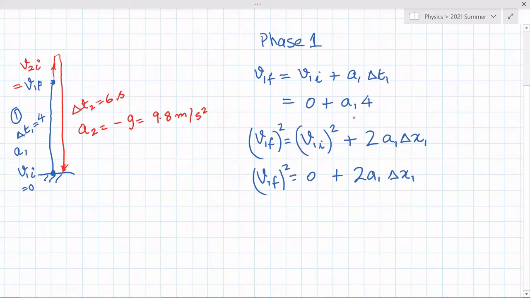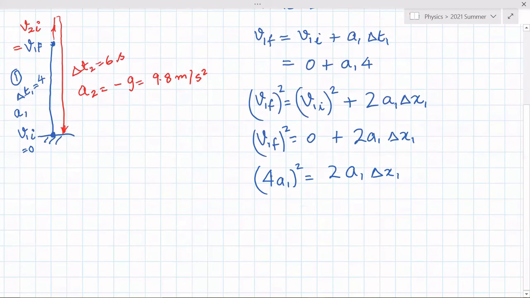Ultimately, we just need A1, so we can convert all of these equations as much as possible in terms of A1. So I can write here (4A1) squared equals 2A1 delta x1.